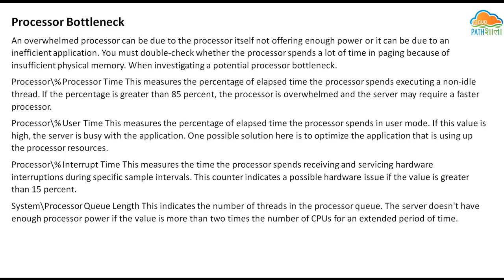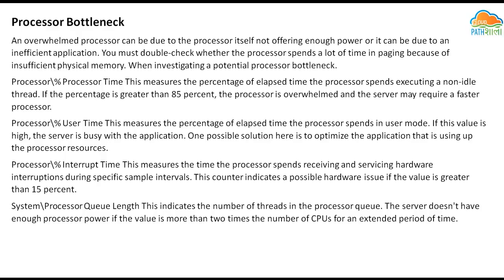One possible solution here is to optimize the application that is using up the processor resources. You may need to set the priority of that particular process from the Task Manager, for the process which seems to be resource hungry for that processor at that particular time. If you reduce the priority of that process with the help of the application team, then you can overcome that situation.